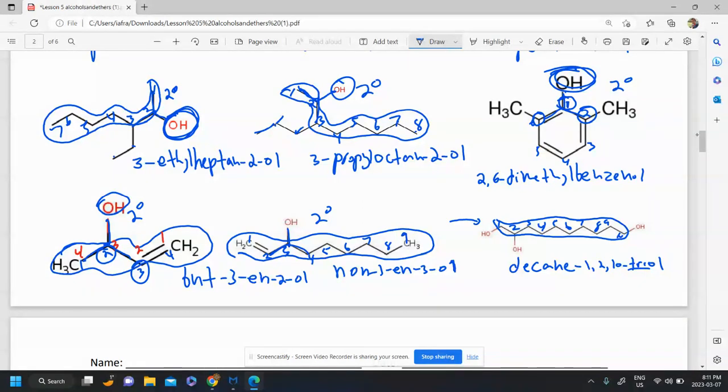If we had to classify this one, by the way, as primary, secondary, tertiary, it's a bit harder to do if you have a variety. So for example, this point here would be a primary one, but this one over here would be a secondary one, and this one here would be a primary one. So they're different sites, and they might react differently at those different sites in certain reaction conditions.